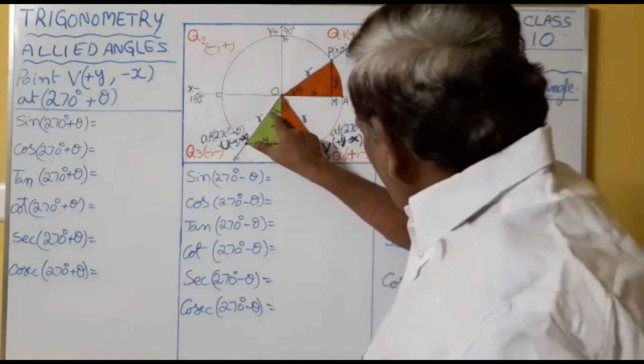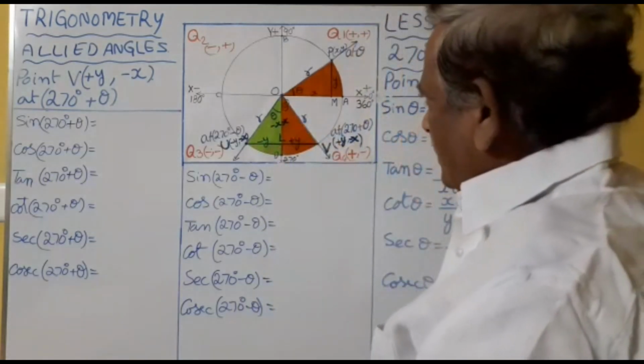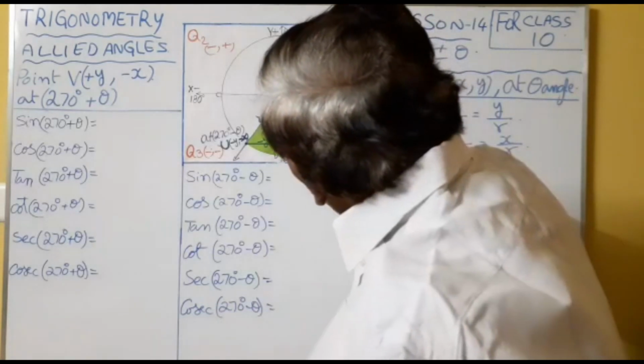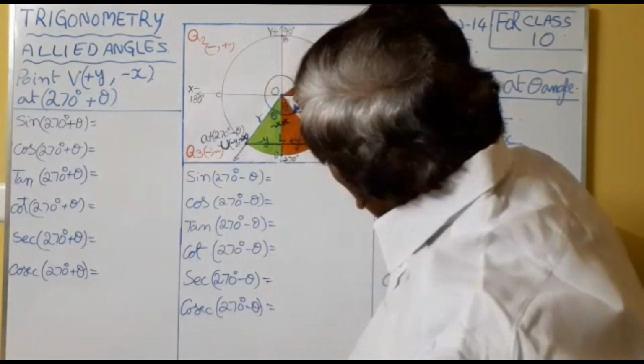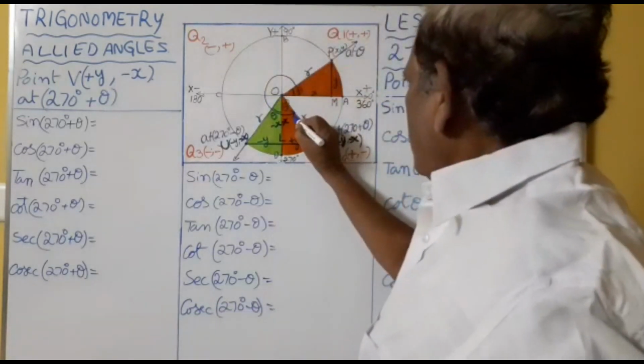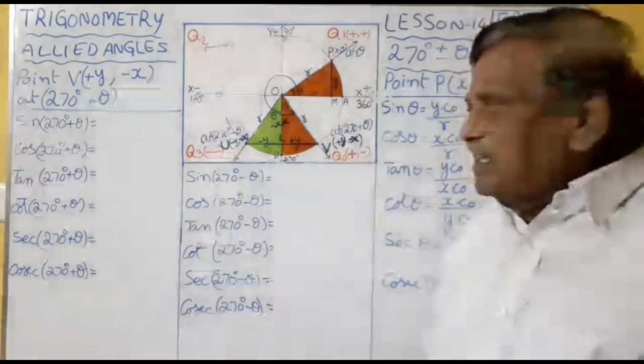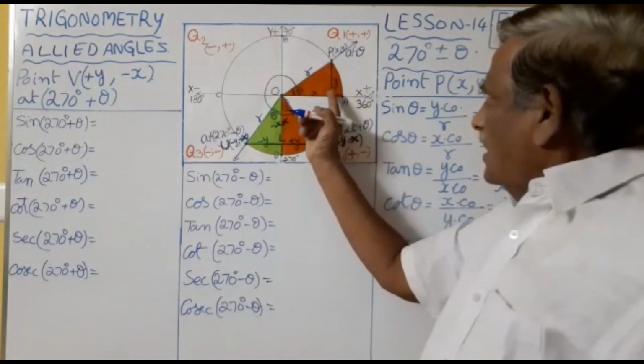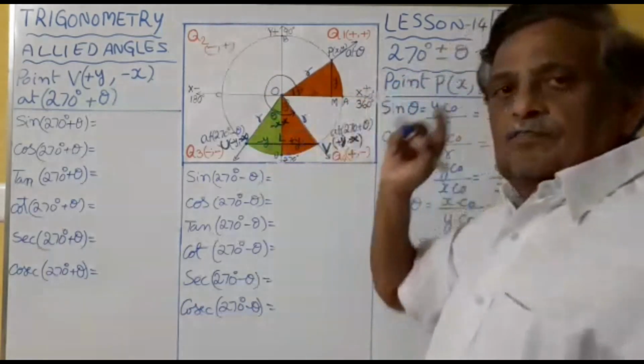That means this total angle is 270 plus theta degrees, in the positive direction of the x-axis, in the anti-clockwise direction.